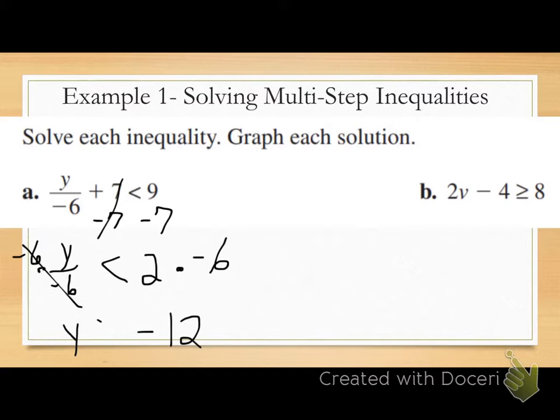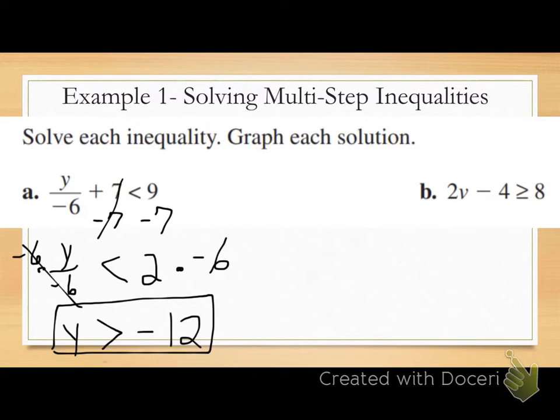It flips. We multiplied both sides by a negative number, correct? Anytime we multiply or divide both sides by a negative number, we've got to flip that inequality symbol. So my solution is any number that's greater than negative 12. Everyone got it?